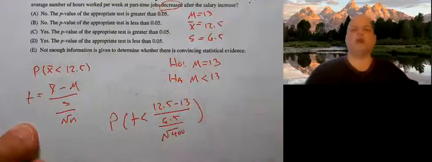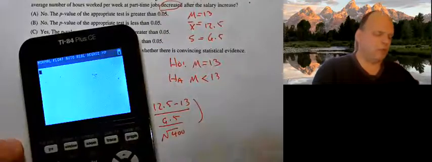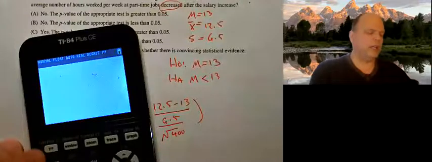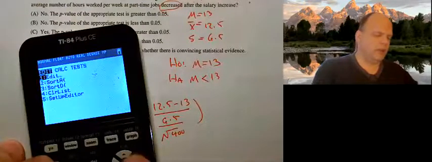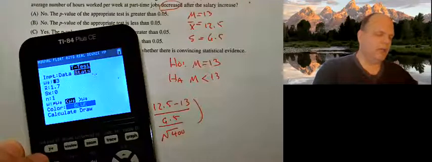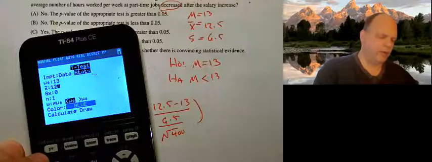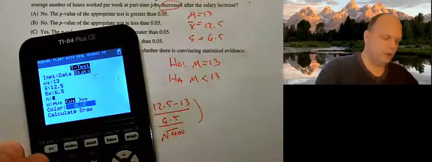Now, this would be the work that you show on an FRQ, but on a multiple choice, you can go straight ahead to the calculator: stat, test, t-test, mean of 13, x bar in this case of 12.5, standard deviation of the sample was 6.5, and we had a sample of size 400.